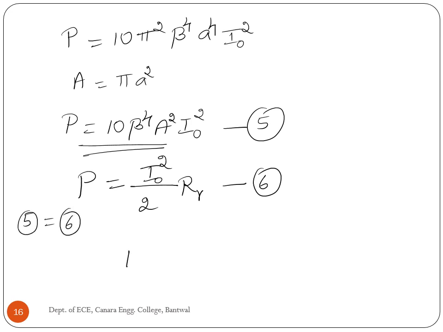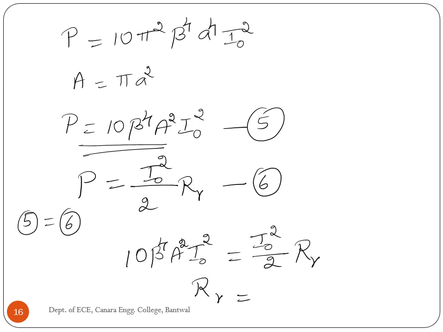Radiated power 10 beta to the power 4 A square I naught square is equal to I naught square by 2 into RR. From this you will get the radiation resistance is equal to 20 beta to the power 4 A square.